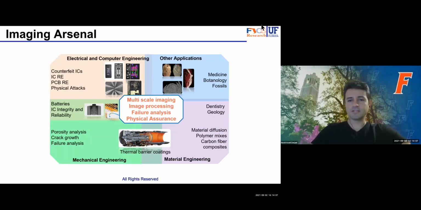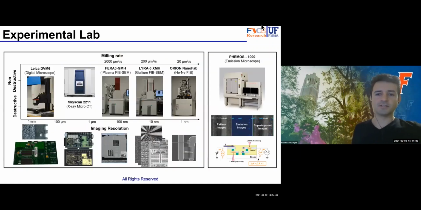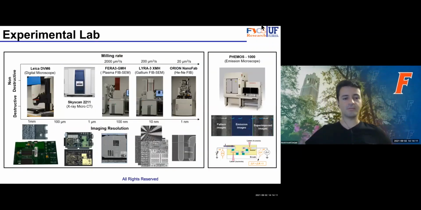Unfortunately, when I look at this area, because of the cost of it in electronics, we don't see a lot of contribution from academia. We are lucky in our lab to have a good set of tools and machines, from desktop optical microscopes to 3D X-ray microscopy, FIBs and SEM, helium ion machines and photon emission, each of them perhaps $1 million or $2 million.